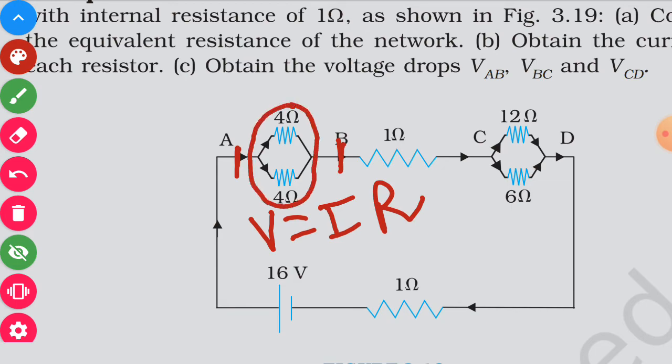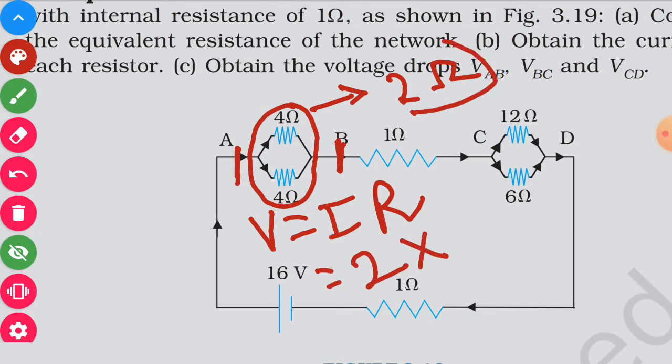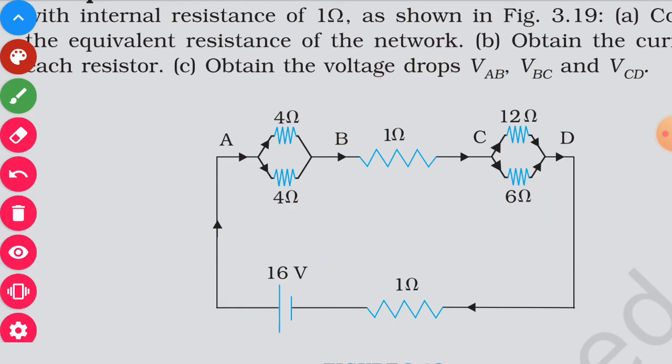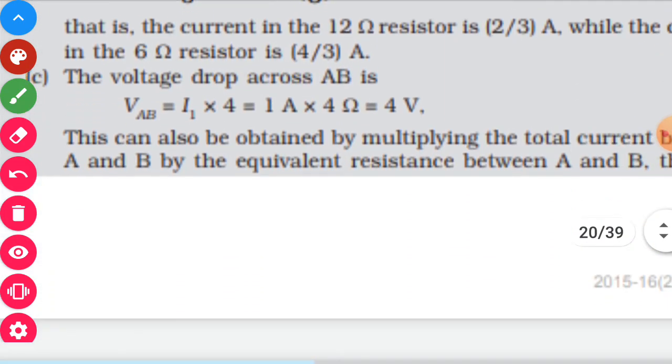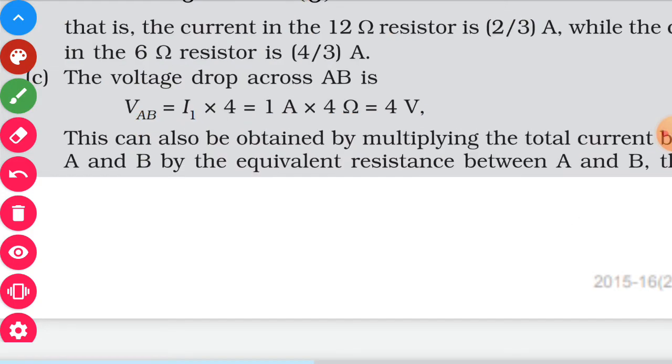The resultant resistance of two 4 ohm resistors in parallel is 2 ohm. So we just have to multiply the current. What is the current passing? 2 ampere. The resistance between A and B is 2 ohm. So value of potential difference will be 4 volt. VAB is equal to 4 volt.